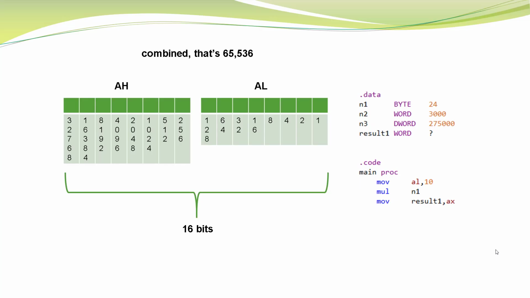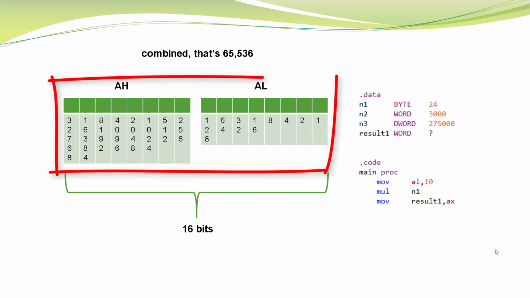But here's the deal. The result is stored into a space formed by combining the AH and AL registers, as we saw before. If you think about it, that makes sense because the largest value you could get when multiplying two 8-bit values is 16 bits. Just to make sure we've got this, the result of the multiply is not in the AL register, but rather in AH combined with AL.